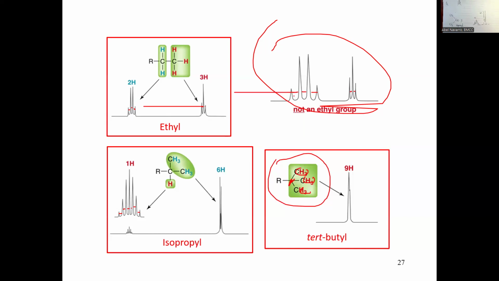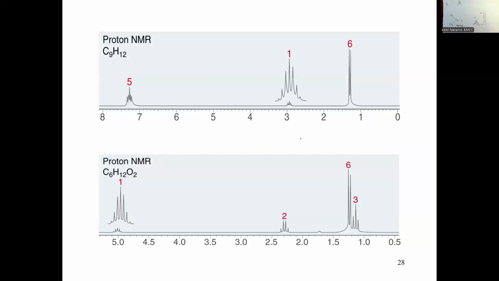For example, this one is a big gap, and this gap is very small. So most likely something happened for that particular splitting, which is not falling under the category we expected. So this is not an ethyl group. Why? Because the splitting does not match what should be expected.